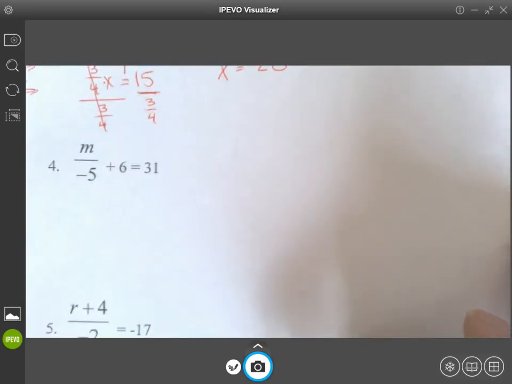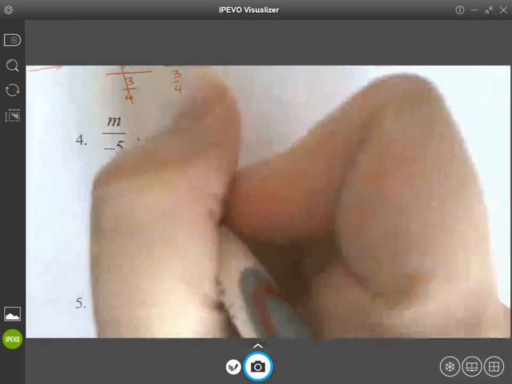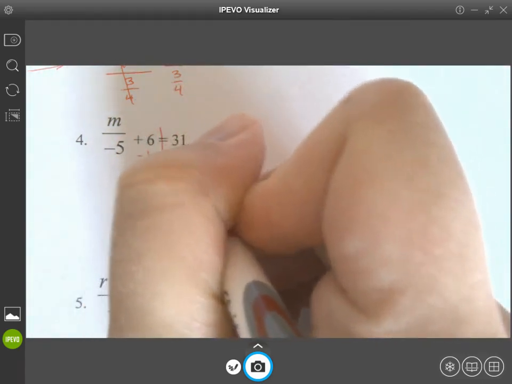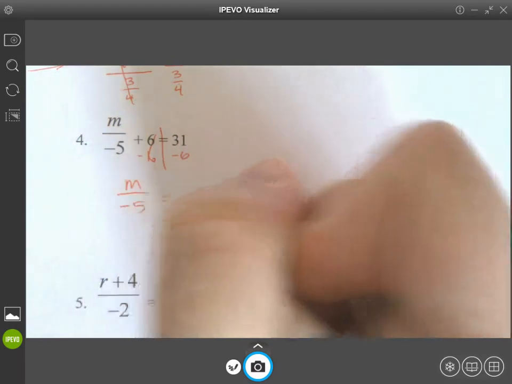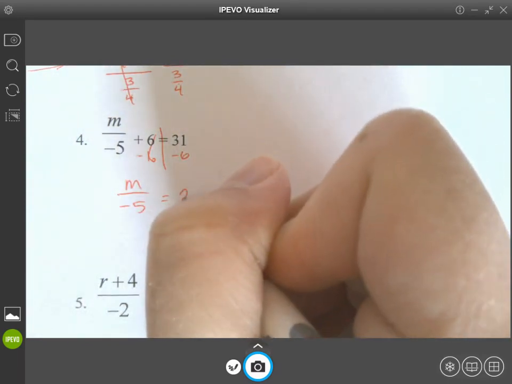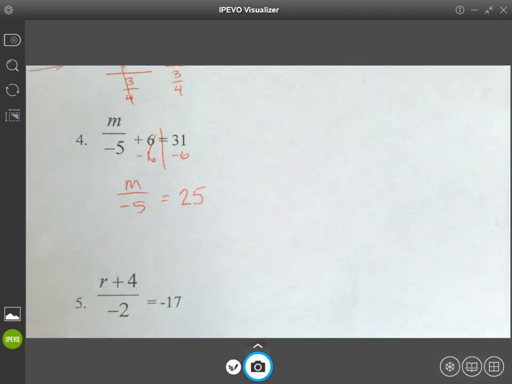All right, number 4, what would you do with that? What should you do first? Yeah, I'm going to subtract the 6 first, cross that line, change the sign. And I get m over -5 equals what? 25? Now what?